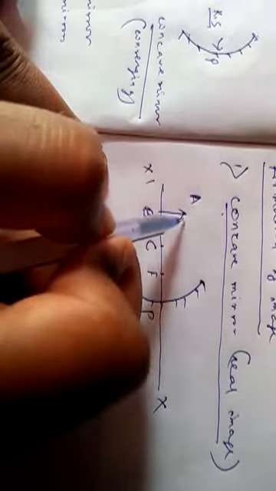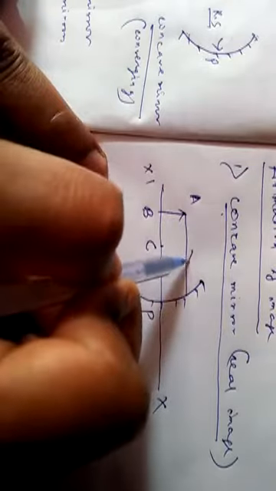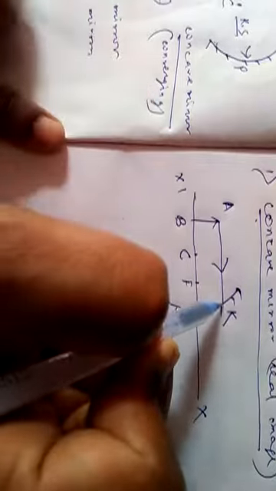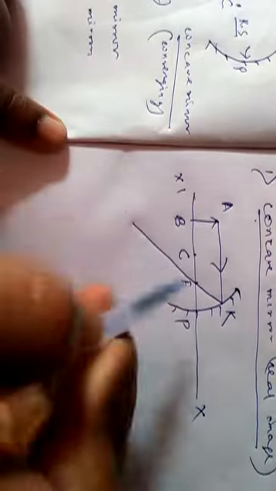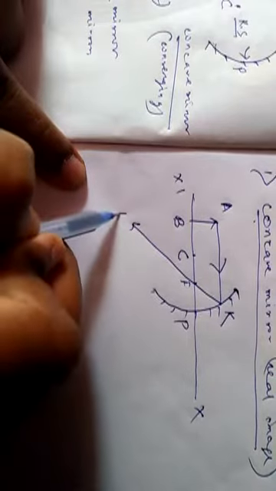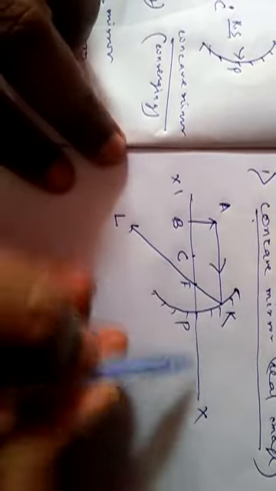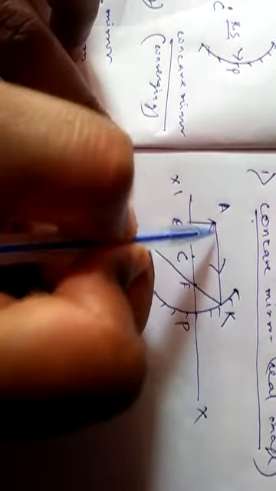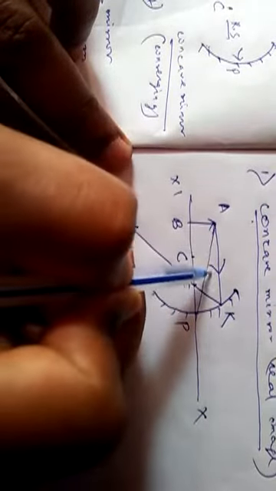This is focus. Take a light ray parallel to principal axis, AK. After reflection, it passes through the focus, KL. Take another light ray that goes to pole.